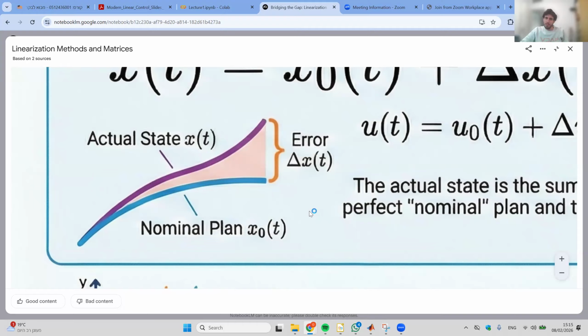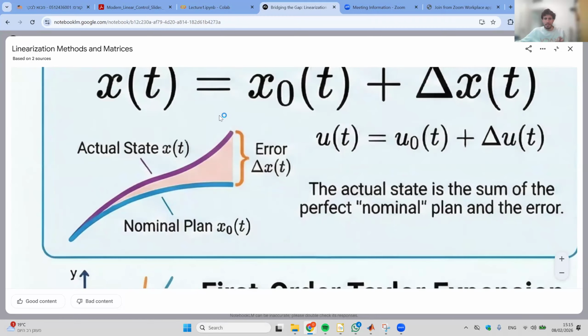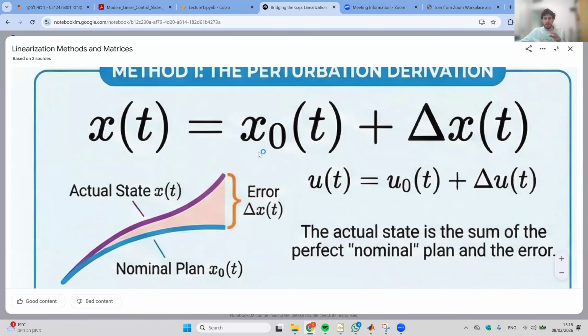Now, the real world is not perfect, so maybe our mathematical model is not perfect, or maybe we have some perturbations and disturbances in the systems and so on, and the actual behavior of the system in real life will not be the actual nominal plan. Now, the point of linearization is that we assume that the actual state is equal to the nominal state, the nominal plan, plus some relatively small error.